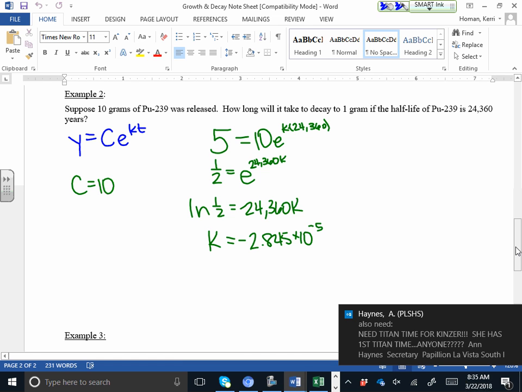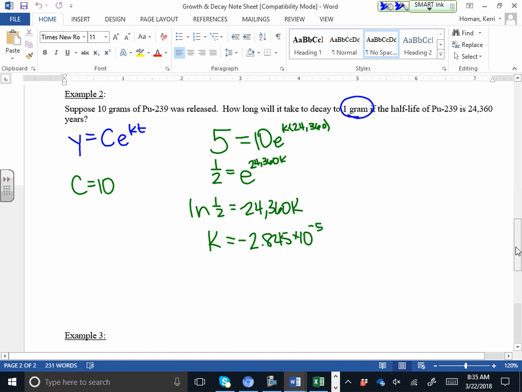We want to know when it decays to 1 gram. So we know that we want our final amount to be 1. So we want 1 equals 10 e to the kt. And I know what k is, but I'm sorry, I don't want to write it right now. Is that okay? Okay. So if we're going to solve for t, I have 1/10 equals e to the kt.